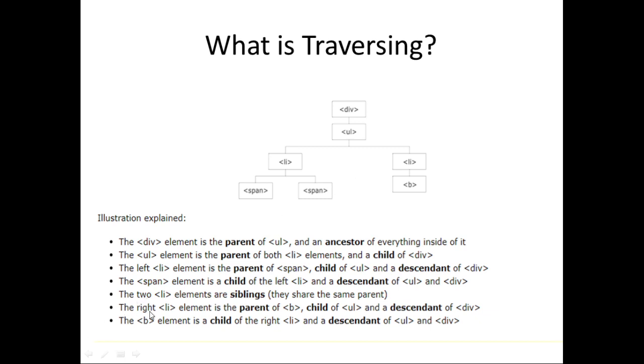The right LI element is the parent of B. So LI is the parent of B, and LI is the child of UL and a descendant of div. B here is a child of LI and a descendant of UL and div also. So it's similar to a family tree.